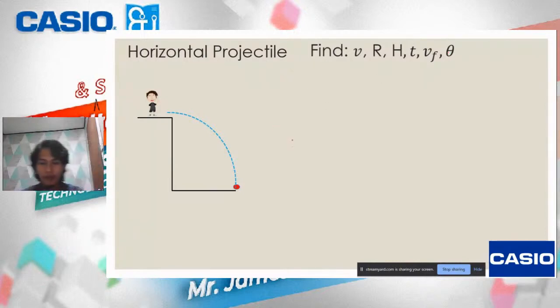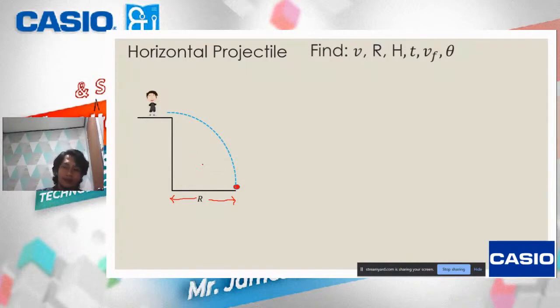Okay? So ano nga muna yung range? So yung range natin is our horizontal distance. So from the initial point to the end point. So this will be our range. Okay? So sa ating projected at an angle na type of projectile, meron din tayong range.